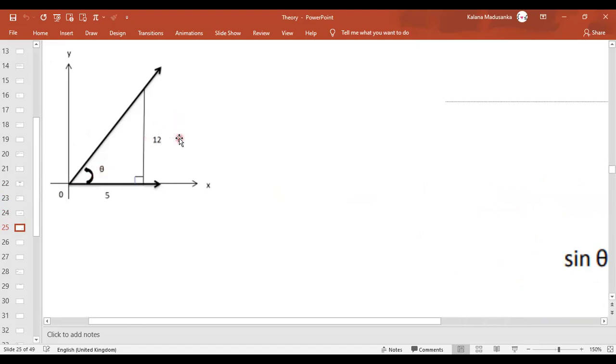First of all you have to find out the length of this hypotenuse. If this is 5, 12, this is going to be 13, right? So sine theta is going to be 12 divided by 13, cos theta is 5 divided by 13, and tan theta is 12 divided by 5.